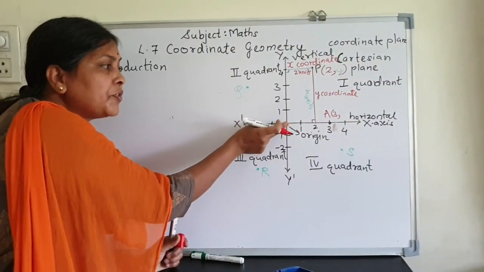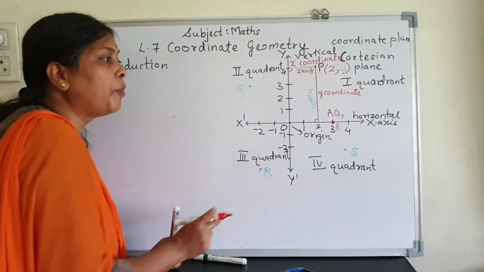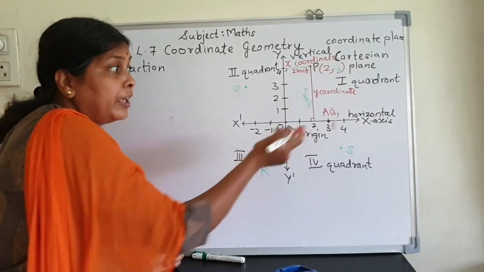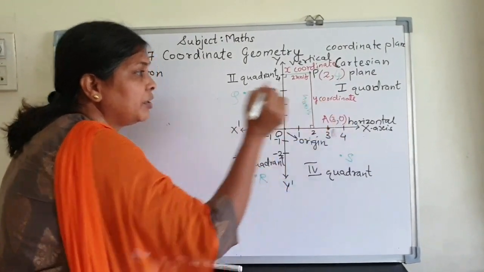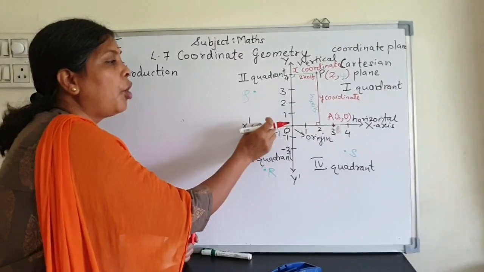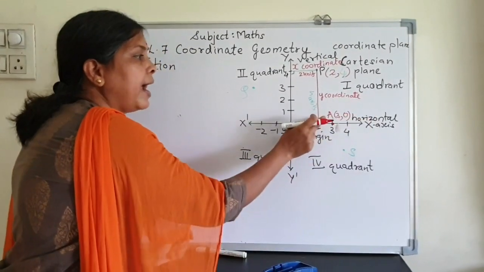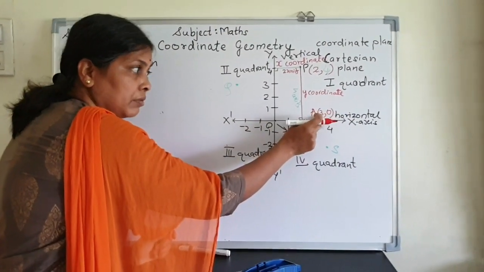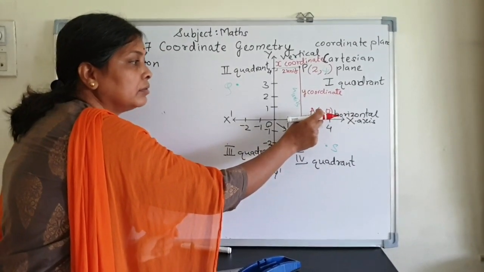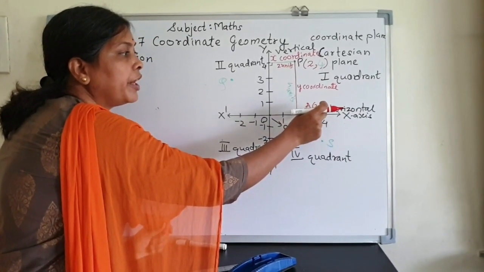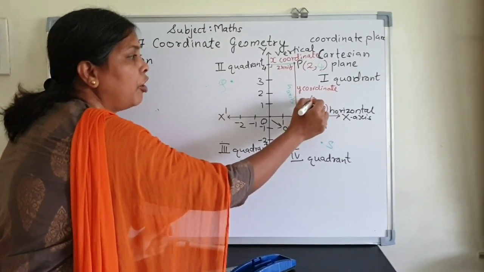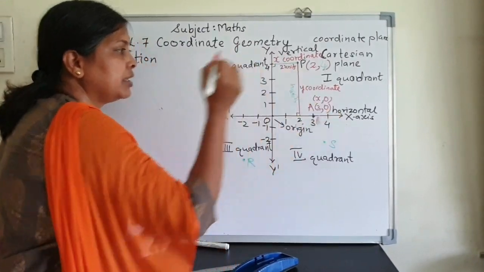What is the distance from the x-axis to point A? Nothing, so it's 0. So the point on the x-axis has x coordinate 3 and y coordinate 0, so that is in the form of (x, 0).